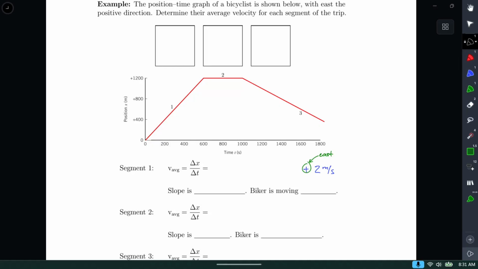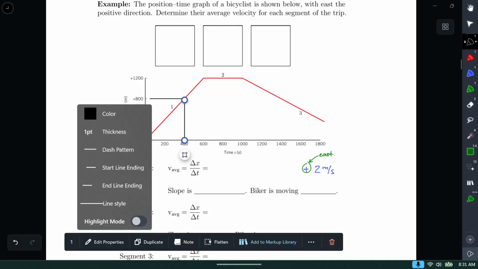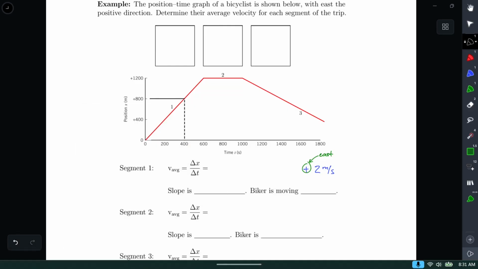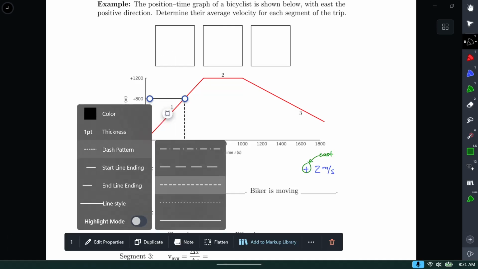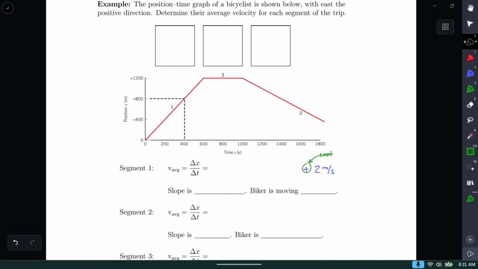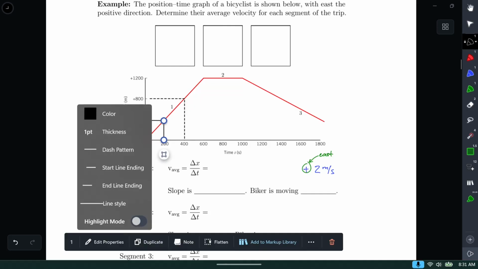Okay, so one way you could have found that is just to find any two times for which they were in segment 1 of the trip. So maybe 400 seconds. And then at that point, they were at 800 meters east of their reference point. And then you could compare that to 200 seconds when they were about 400 meters east.